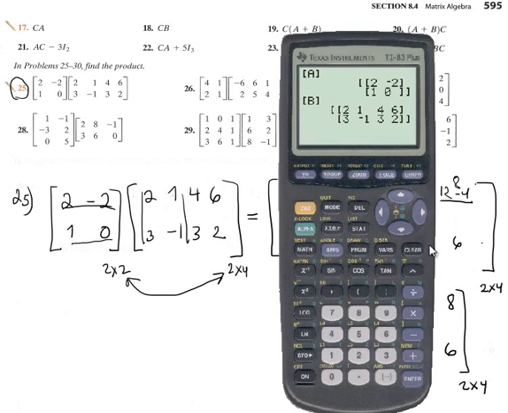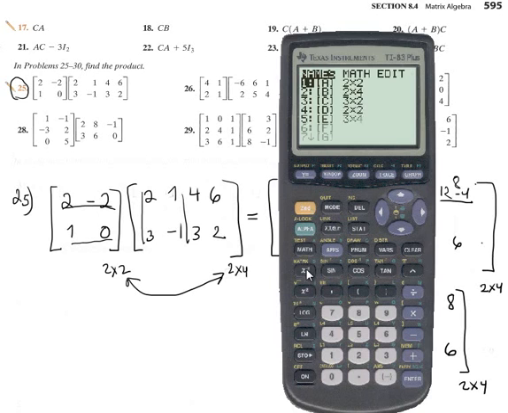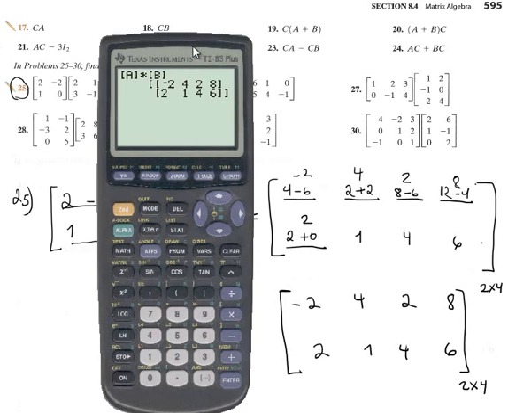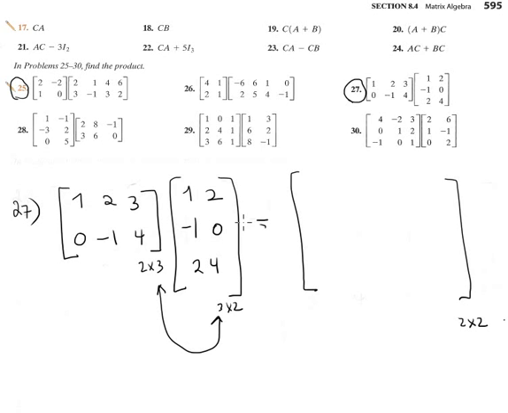Now let's do the multiplication, A times B. And the answer is -2, 4, 2, 8, 2, 1, 4, 6. Perfect.